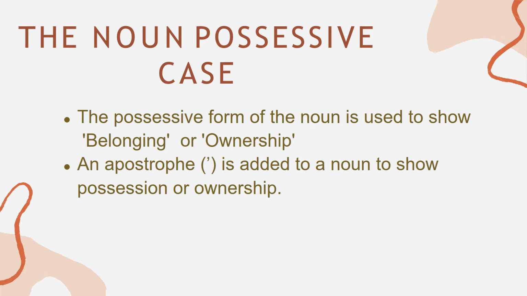For example, this is the cat's toy. Here we have added apostrophe s to show that the possession of the toy holds in the hands of the cat.